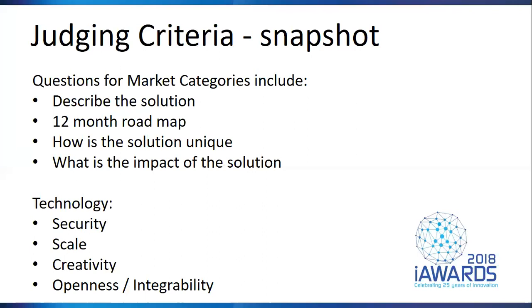First of all, you need to describe the solution. So explain what the problem is. The judges are looking for a 12-month roadmap. So outline your plans for functionality and features of the new markets, what your intentions are for the next 12 months, and how the solution is going to be further developed or help solve those problems down the track.